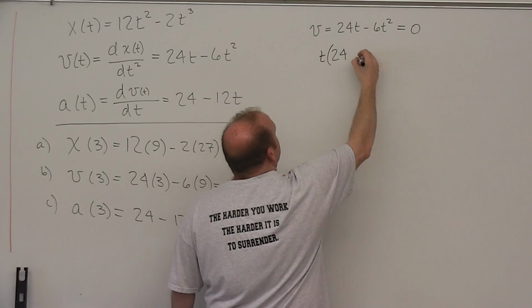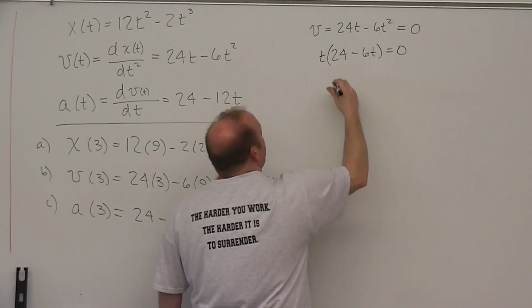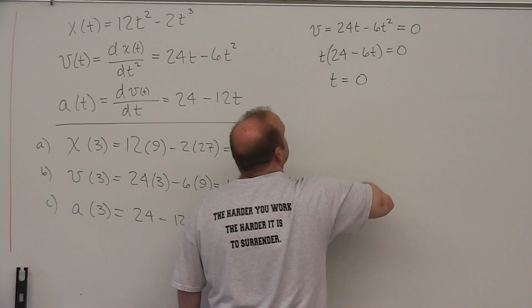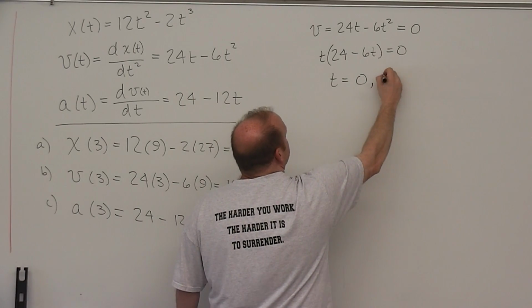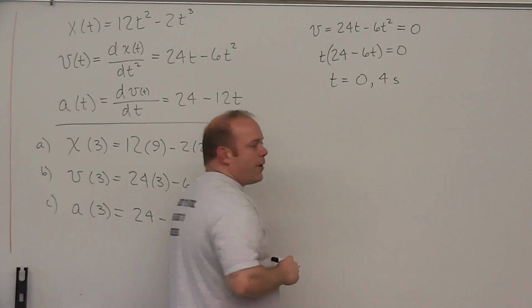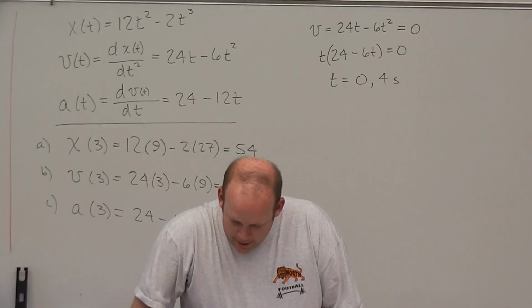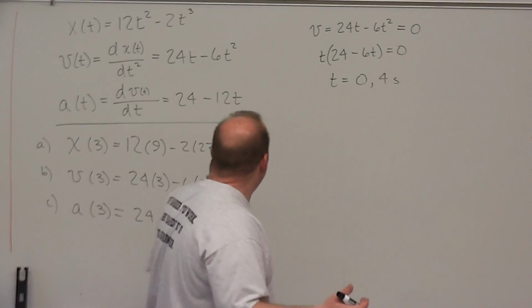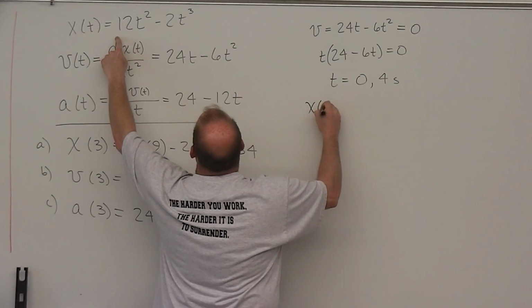So it's going to be 24 minus 6t is equal to 0. So now I can say it's at t equals 0, because if t equals 0, then velocity is 0. Or 4 seconds. So I have to check at 0 and 4 seconds. So now, let's take a look. So now, x of 0.